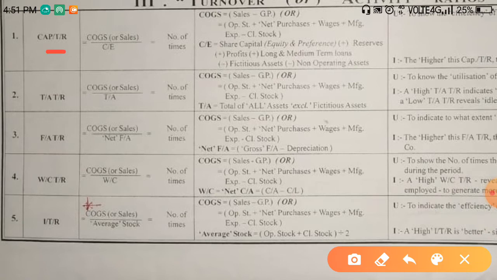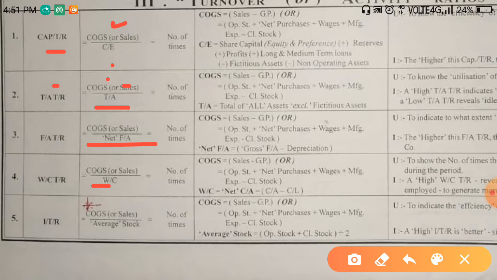Capital employed will be in the denominator and the numerator will be sales. Similarly, total assets in the denominator, and sales or cost of goods sold in the numerator. Fixed assets: net fixed assets in the denominator. Working capital: working capital in the denominator.